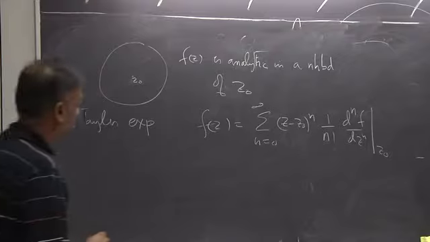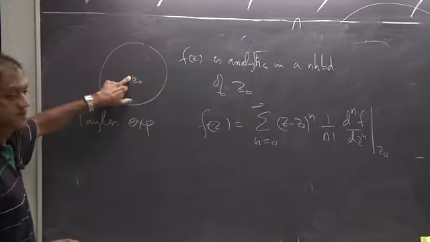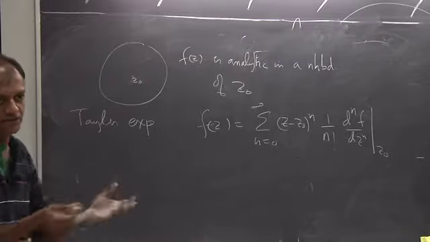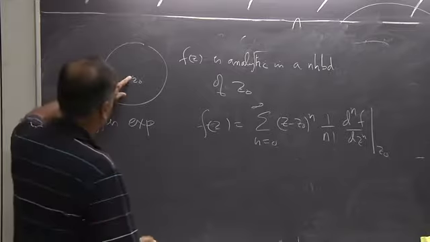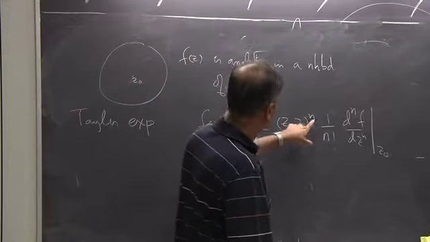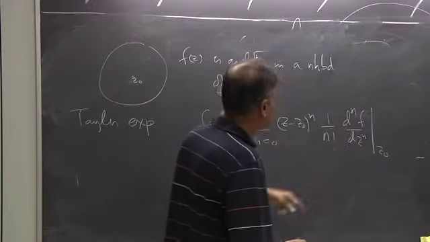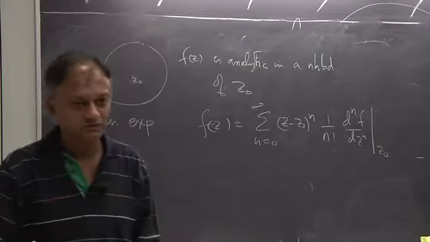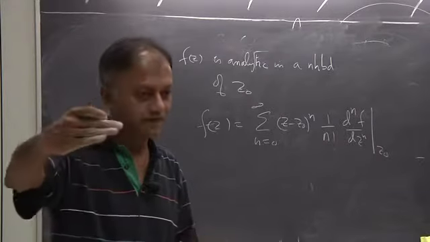Now, it might happen that at z0 the function is 0. After all, a function could be 0 at z0. That of course means that the 0th term will vanish, right? But it could happen that even the first derivative of the function vanishes at z0, or maybe the first few derivatives vanish.